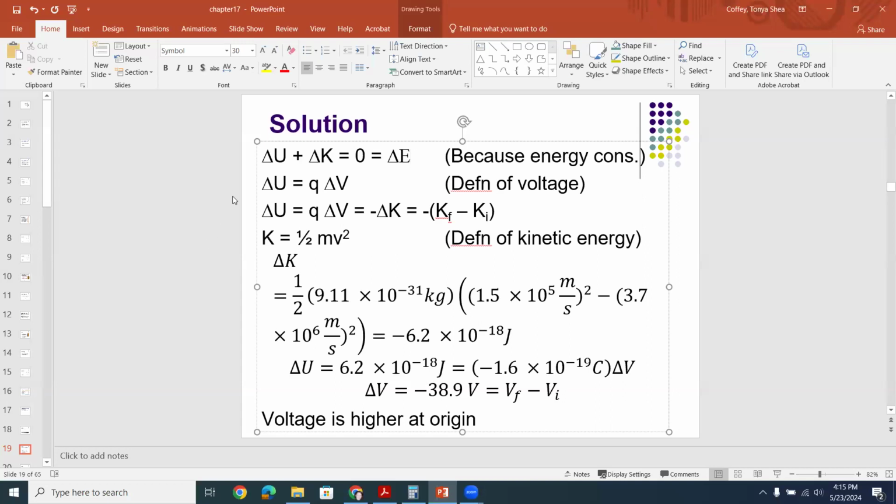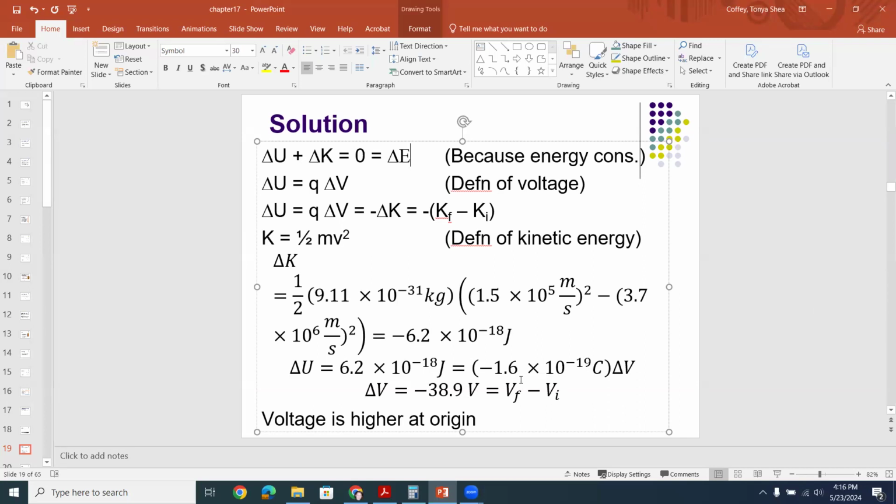We know from the definition that links potential energy to voltage that delta U is Q delta V. So 6.2 times 10 to the minus 18 joules is equal to Q delta V. The charge on an electron is minus 1.6 times 10 to the minus 19 coulombs, times delta V. To solve for delta V, we divide both sides by minus 1.6 times 10 to the minus 19, and I get minus 38.9 volts.